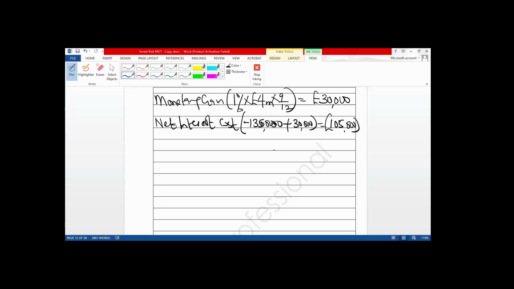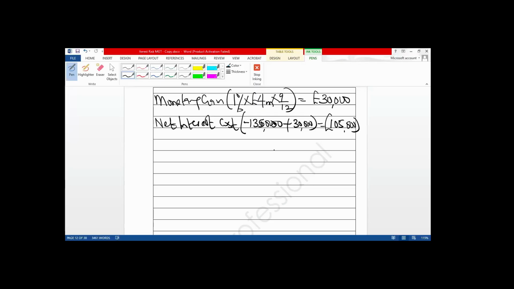Assuming you have not hedged, you will have paid 135,000 pounds as the interest. With interest rate futures, your interest cost has been reduced to 105,000.